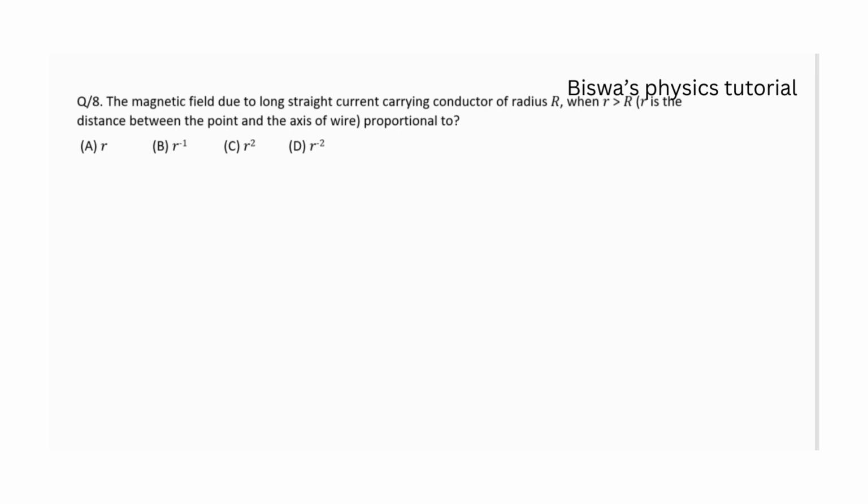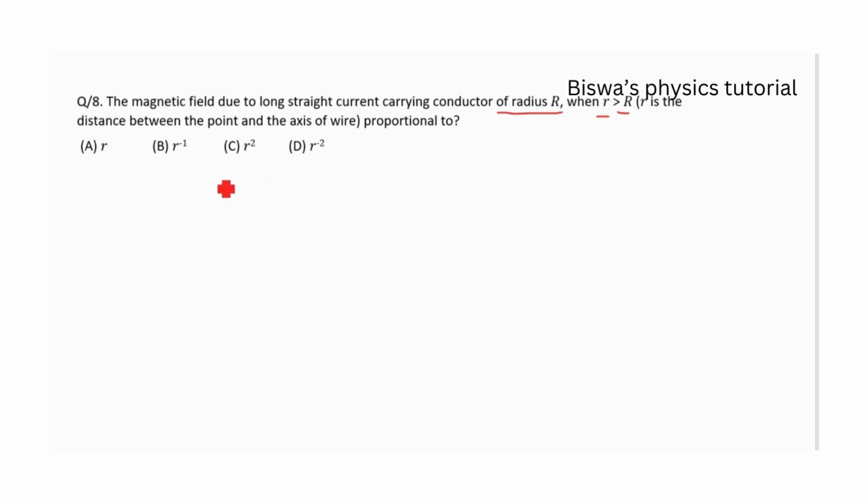Our next question is: the magnetic field due to a long straight current carrying conductor of radius R, at a point at small r greater than capital R, the distance between the point and the axis of the wire, is proportional to what? To calculate this, we have to use Ampere's law.